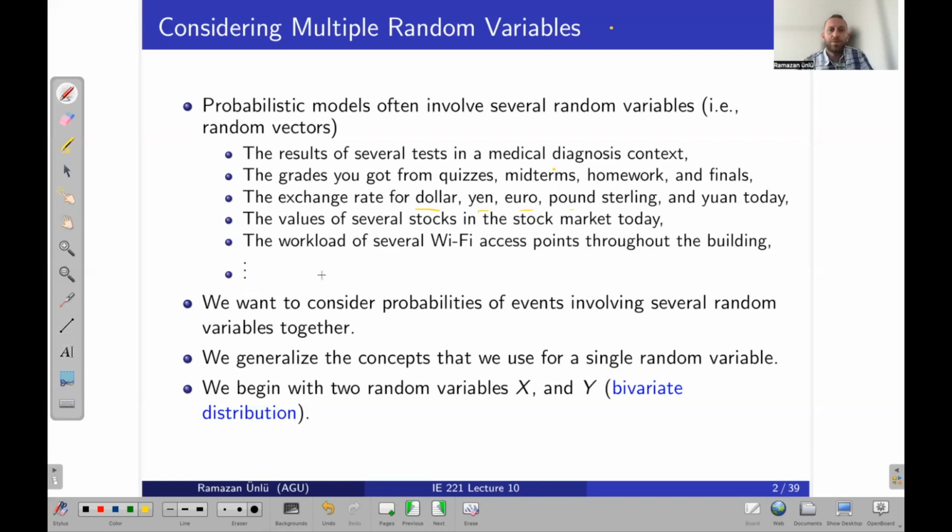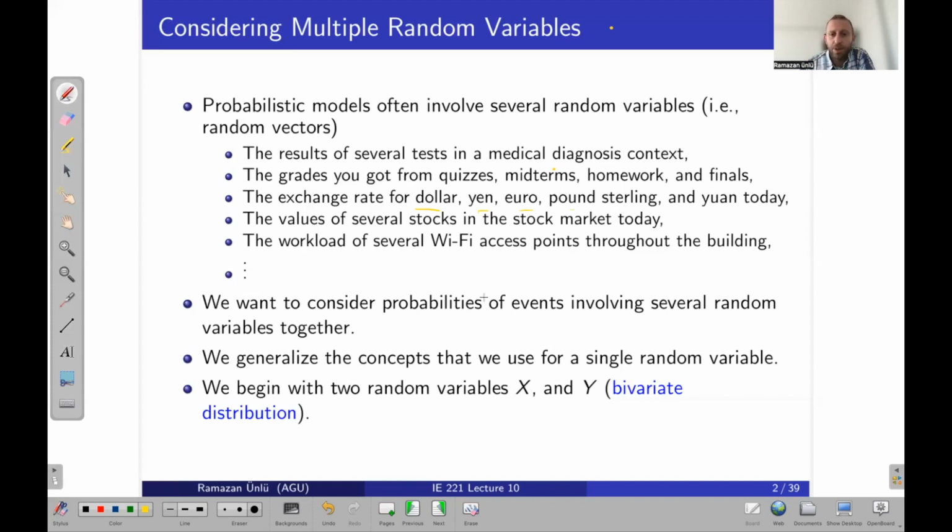Another example is the workload of several Wi-Fi access points throughout the building. Many different things can affect these connections, right? That's why you have to analyze all of the random variables to finalize your work. We can extend these examples, but try to understand the logic behind the different random variables.